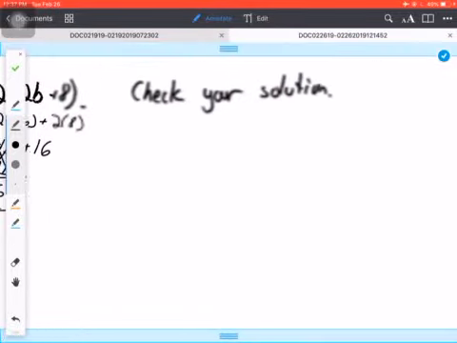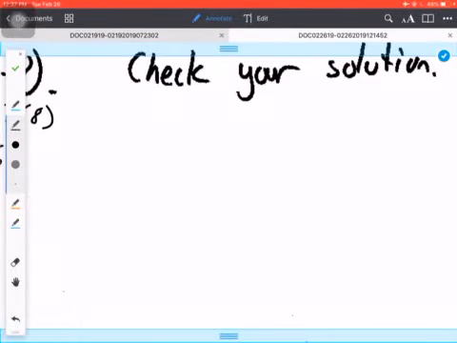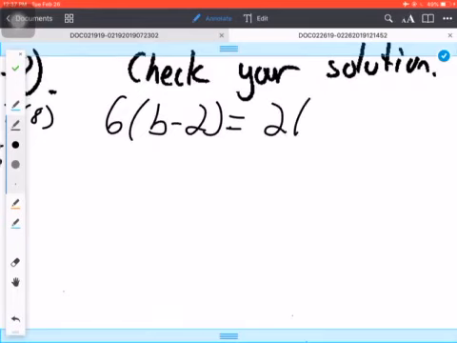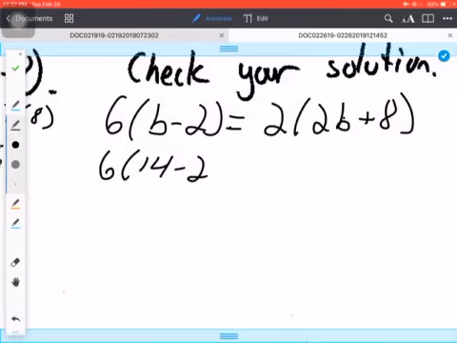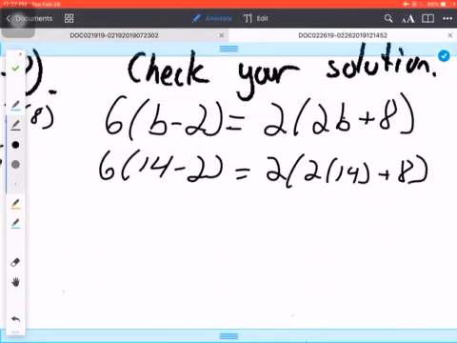It does say to check your solution, so what I'm going to do is rewrite this equation. So 6 times (b minus 2), and over on the right side, I have 2 times (2b plus 8). B, it says, is 14, so I'm going to substitute 14 in wherever b is, and start simplifying.